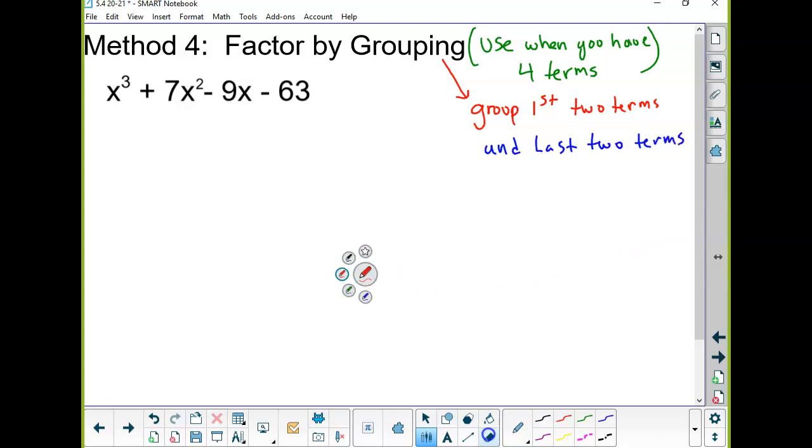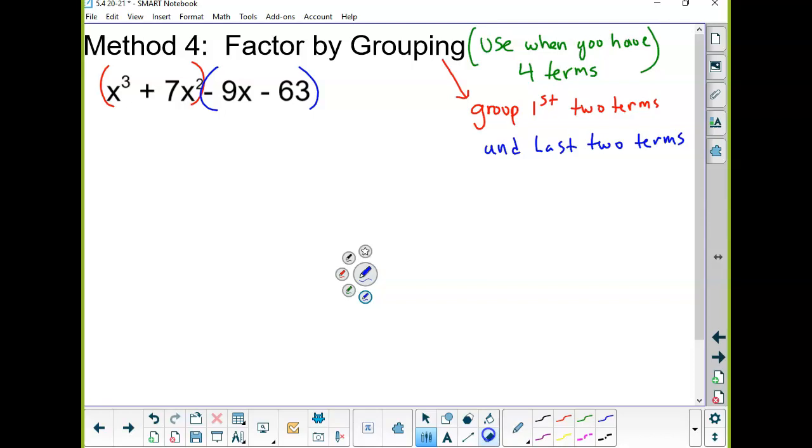Okay, so that's why we call it grouping. And when we say group, we'll group the first two, and then we're going to group the last. So now notice, we couldn't do this if I had less than four terms, or more than four terms.